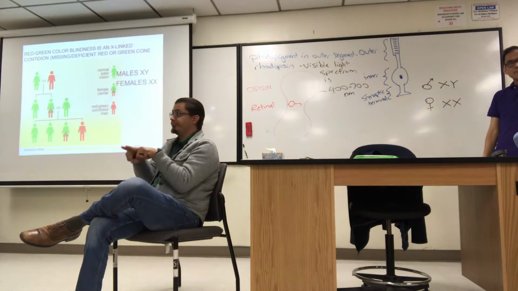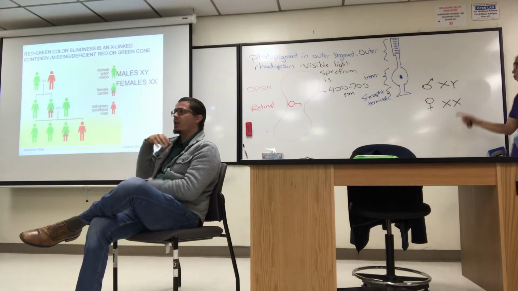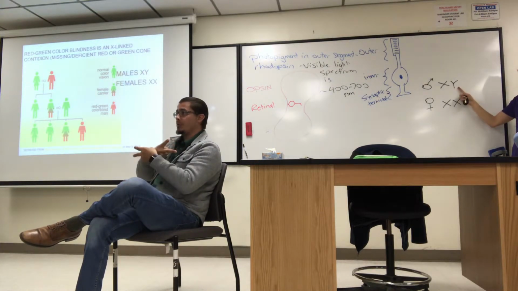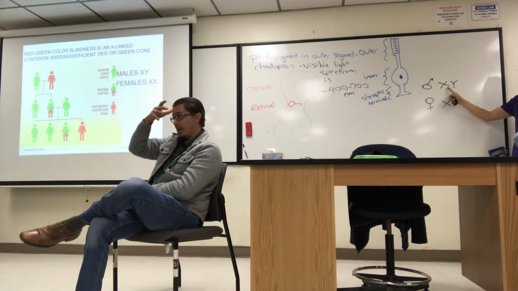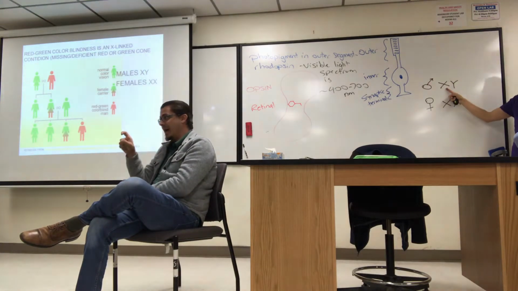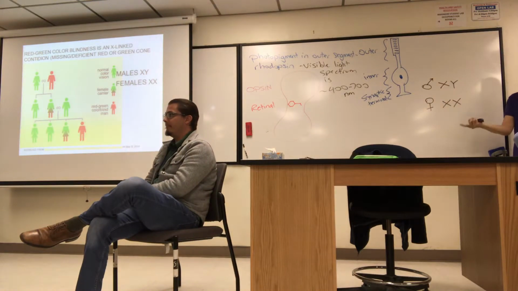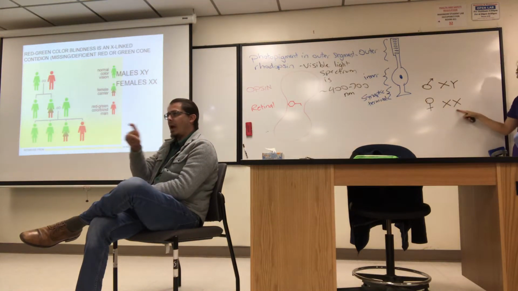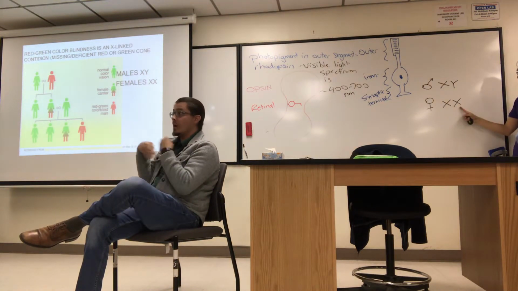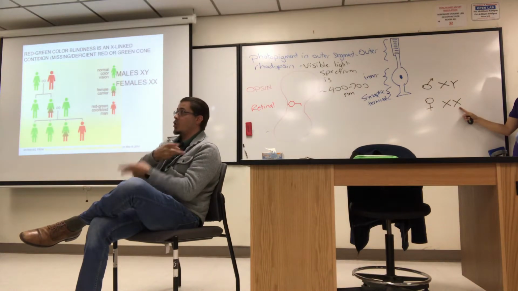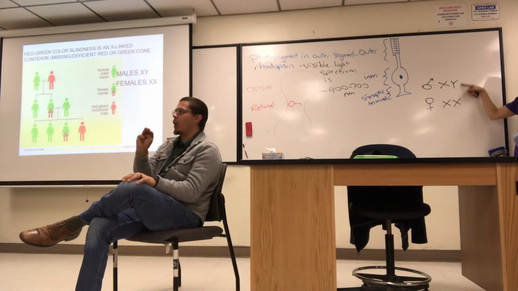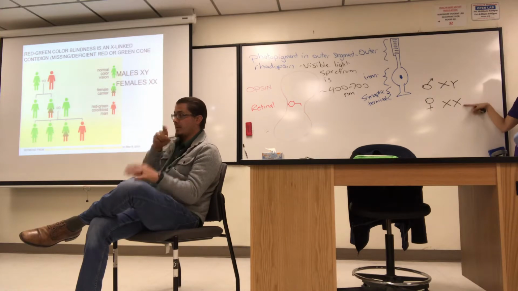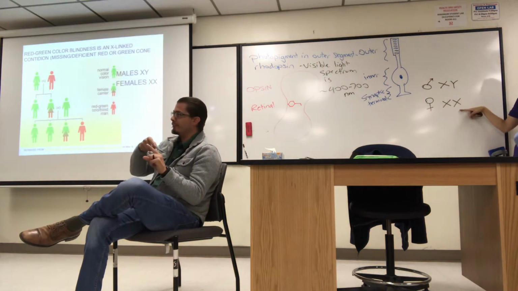If you're a male, you inherited the Y chromosome from your dad. You have no choice but to inherit the X chromosome from your mom, although the two X's are different. If you're a female, you inherited the X chromosome from the sperm. The sperm is either going to have the X or the Y when it fertilizes the egg, and so that's your genotype there.